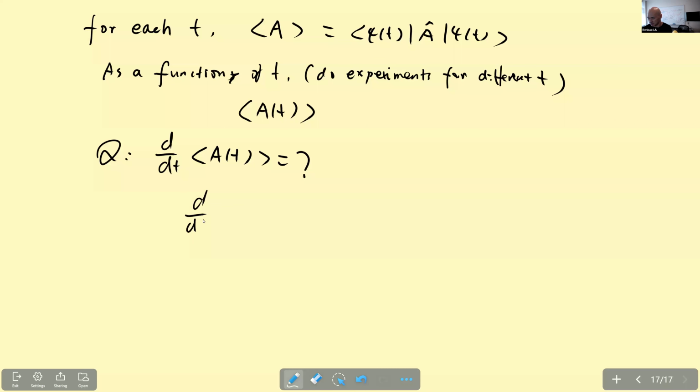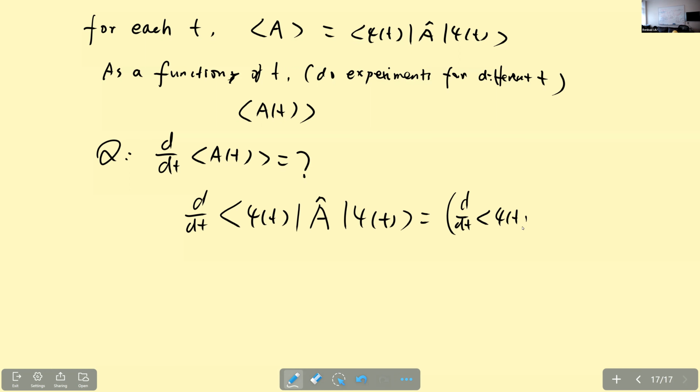d over dt of <psi(t)|A|psi(t)>, right? But very simple differential equations, you know that this will have two terms. One is just d over dt of <psi(t)| A |psi(t)>, where you take this as a 1 times n matrix, this is an n times n matrix, this is an n times 1 matrix, right?